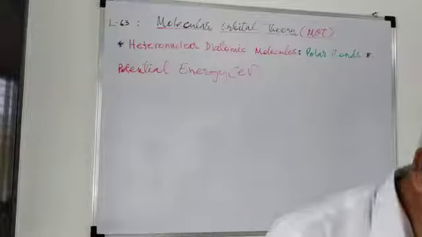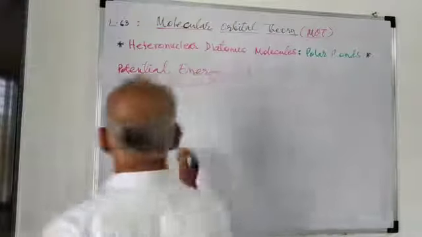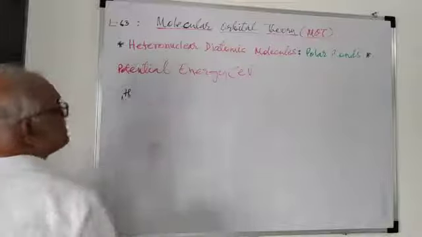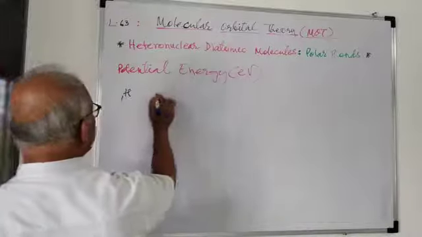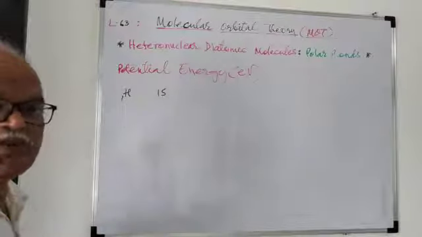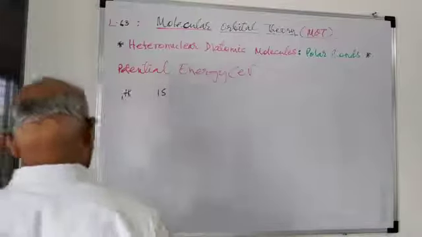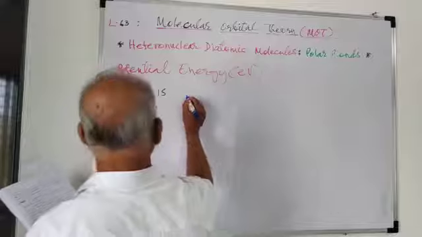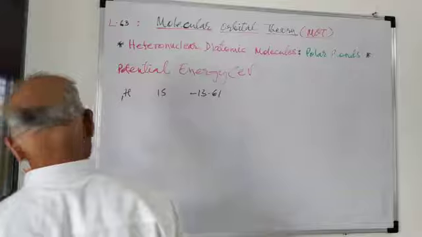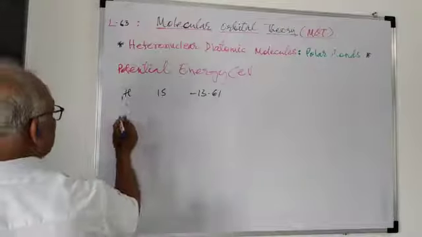For example, if we consider the first element, hydrogen, it has atomic number 1 and the orbital is 1s. There is only one electron, so it has only one value of this energy. And what is this energy value? Minus 13.61 electron volts.